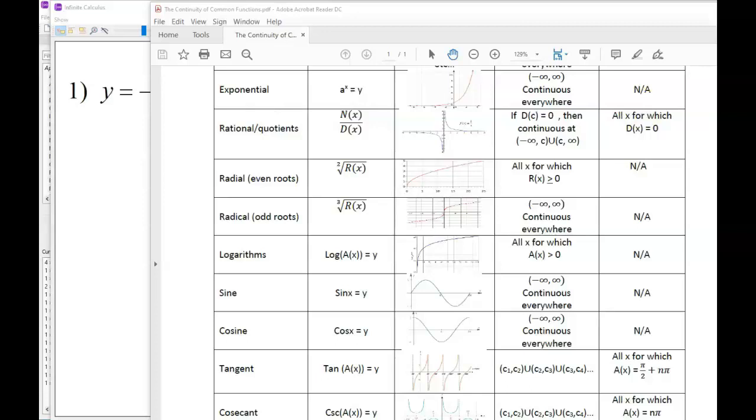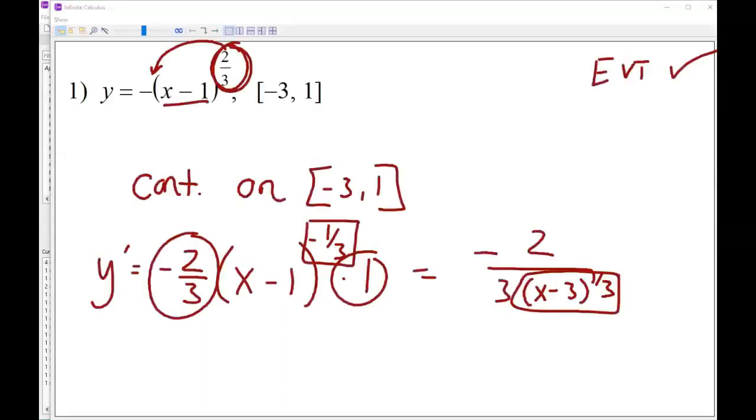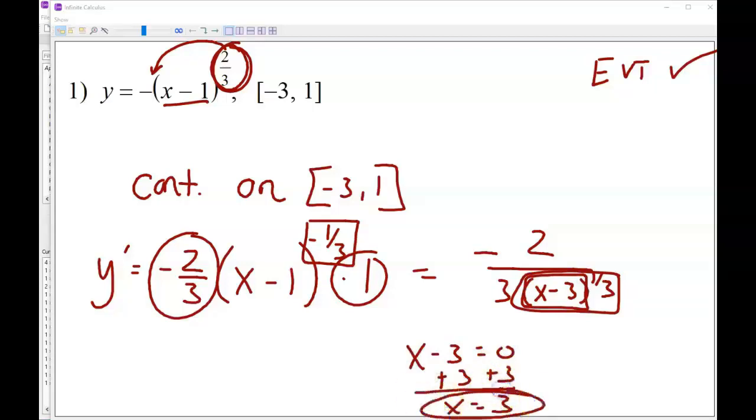So as soon as you get a fraction involved, you have a discontinuity, and it happens when the denominator equals 0. So what would make this denominator equal 0? All you have to do is take the factor with an x in it, set it equal to 0, and solve, and it will tell you where the discontinuity would be. We have a discontinuity then at x equals 3.